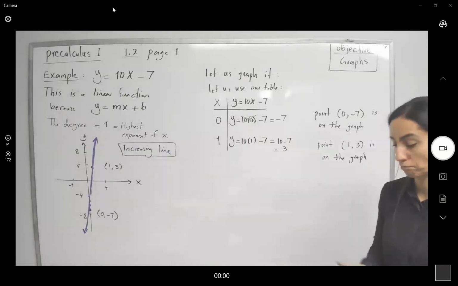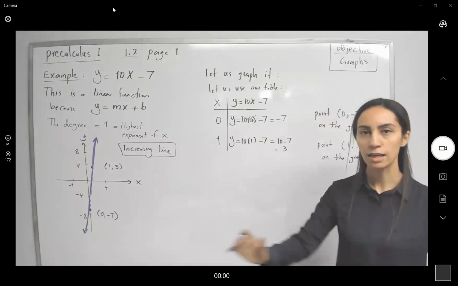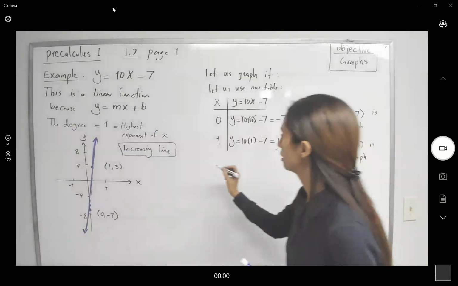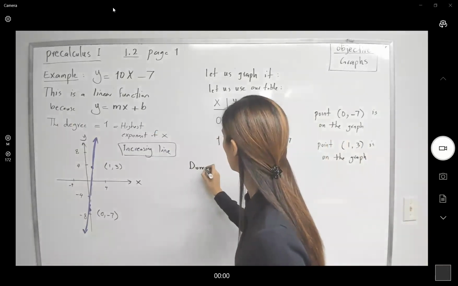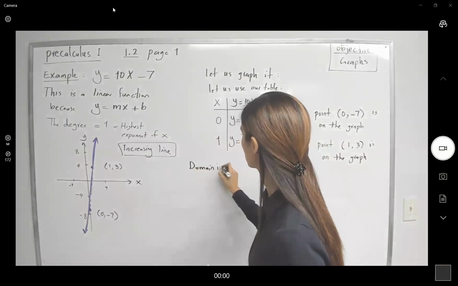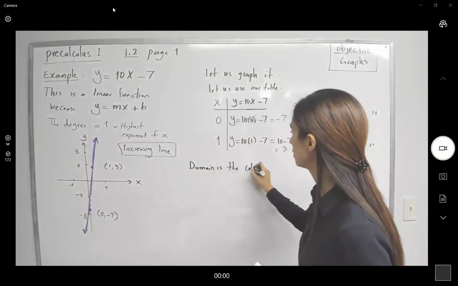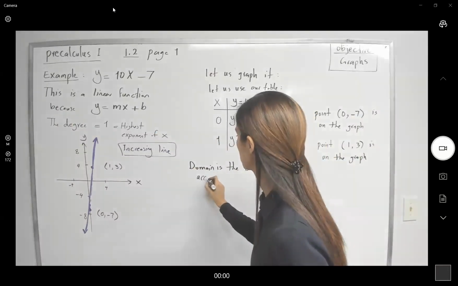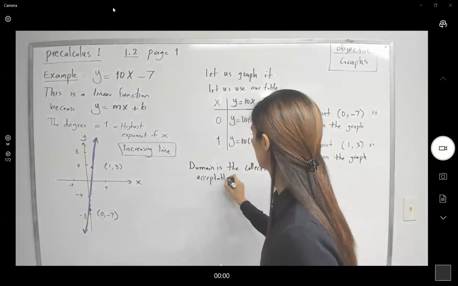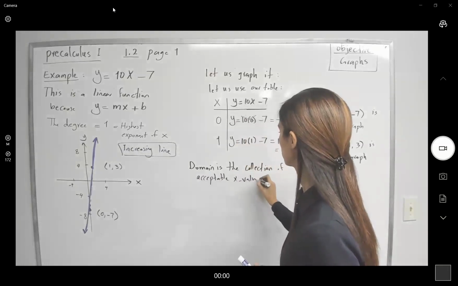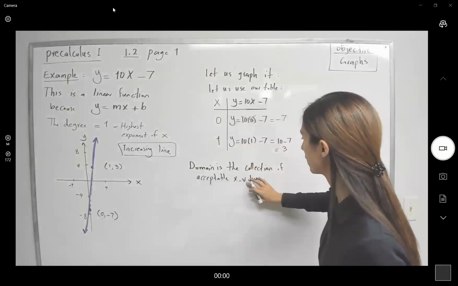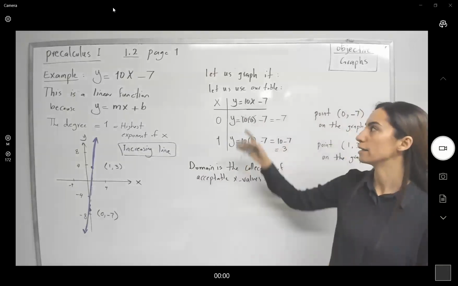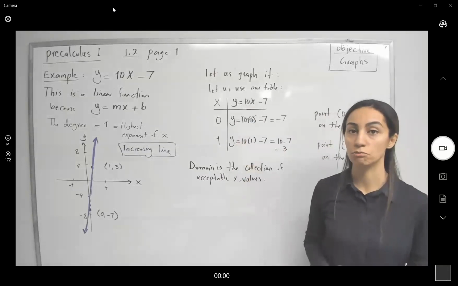What's the domain? Okay, again, think about it intuitively first. Domain is the collection of acceptable x values. What x values are acceptable? So you should think, can I plug in any x value here? Is it possible?